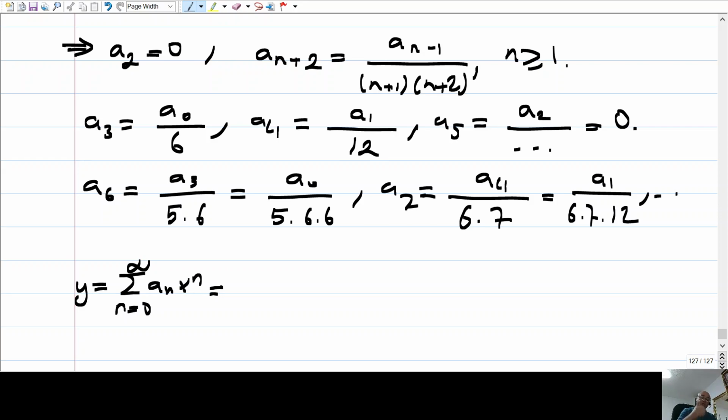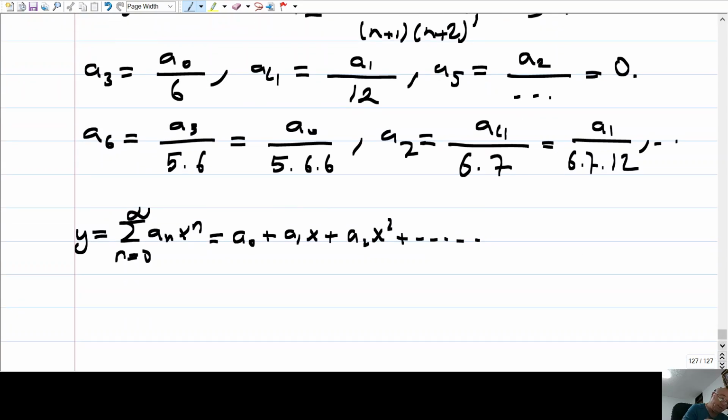So what is this then? At least a couple of terms. This is a0 plus a1x plus a2x squared, and so on. Now let's plug in all these. So I have a0 plus a1x plus a2, but a2 is just 0, so there is no a2.